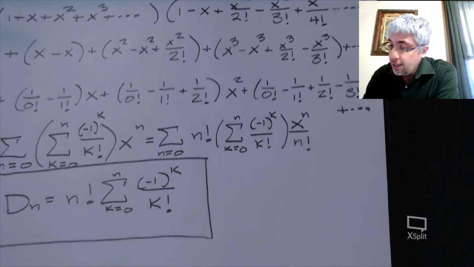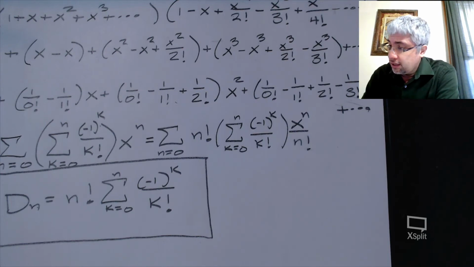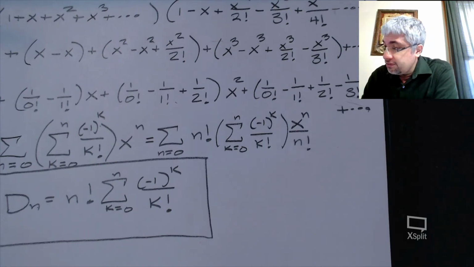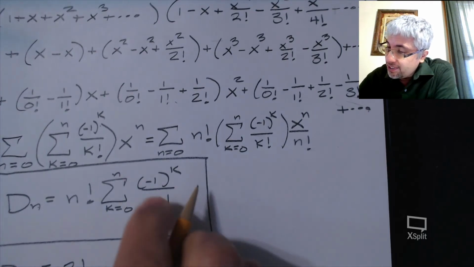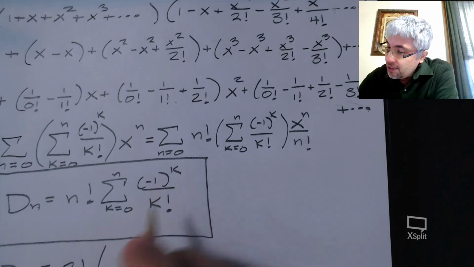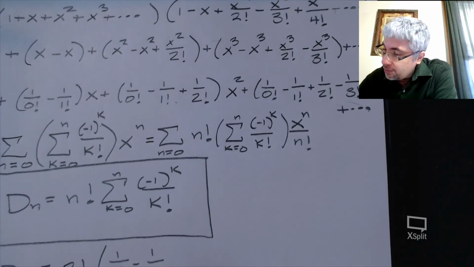And I mean, there's no real reason to do any examples here because we've done these in the section on inclusion-exclusion, but I guess just for fun, let's compute d_2. We'd get 2 factorial. And what would this give me? Well, this would give me 1 over 1 factorial minus 1 over 2 factorial.